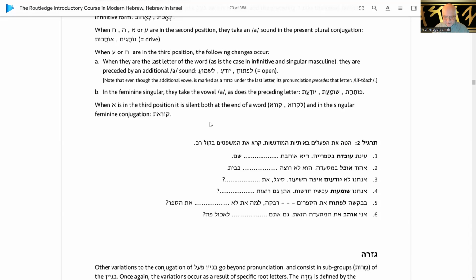Okay, italicize the lettered verbs. Okay, so that was probably the bold.